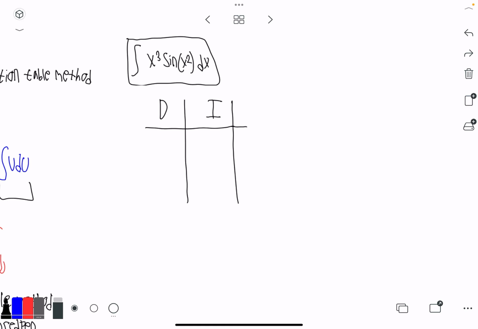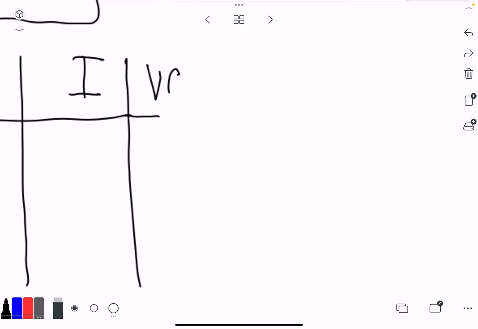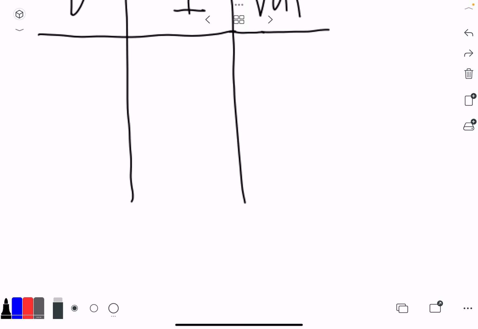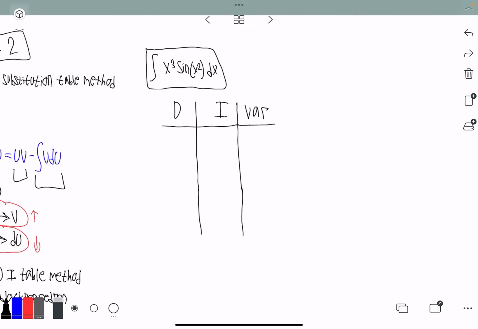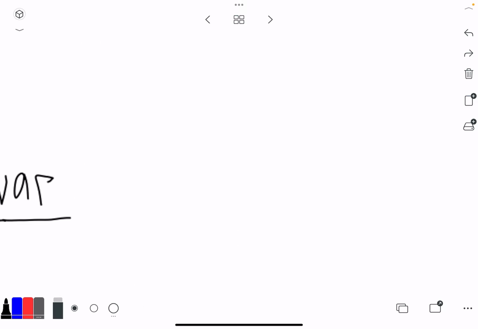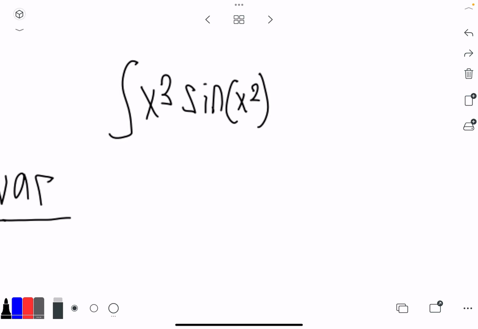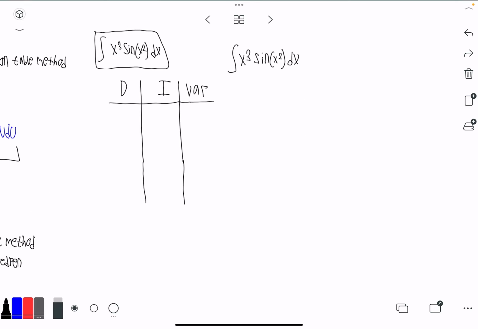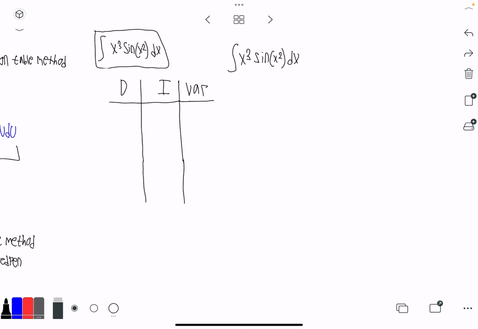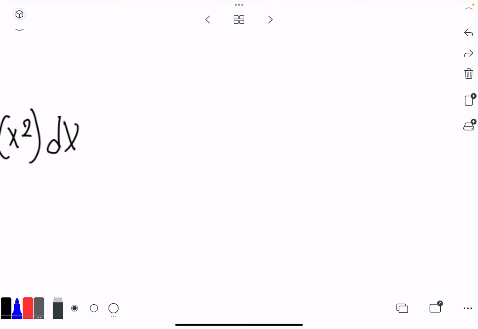I will call it a variable column, which is the actual variable of integration that you're integrating with respect to. So in this case, we have an equation that we're trying to integrate, which is x cubed sine x squared dx.